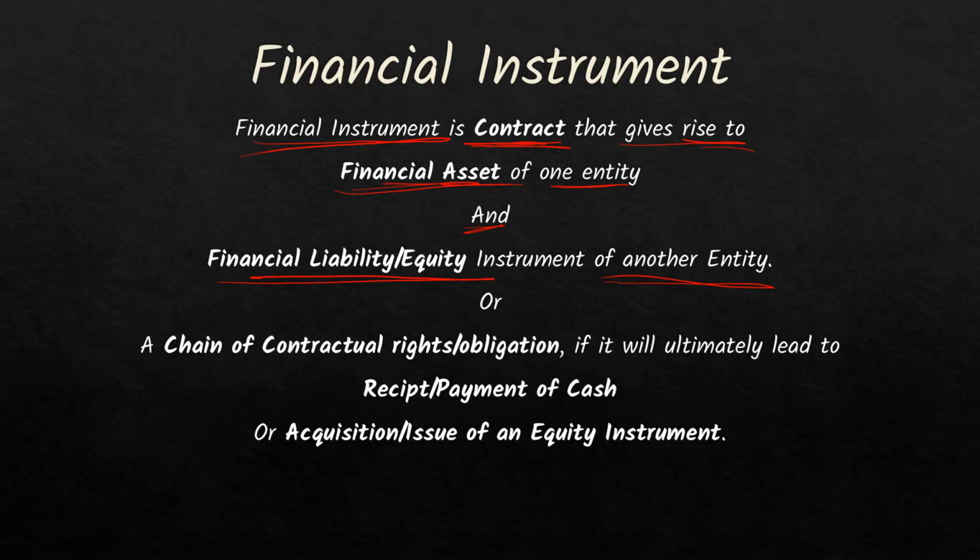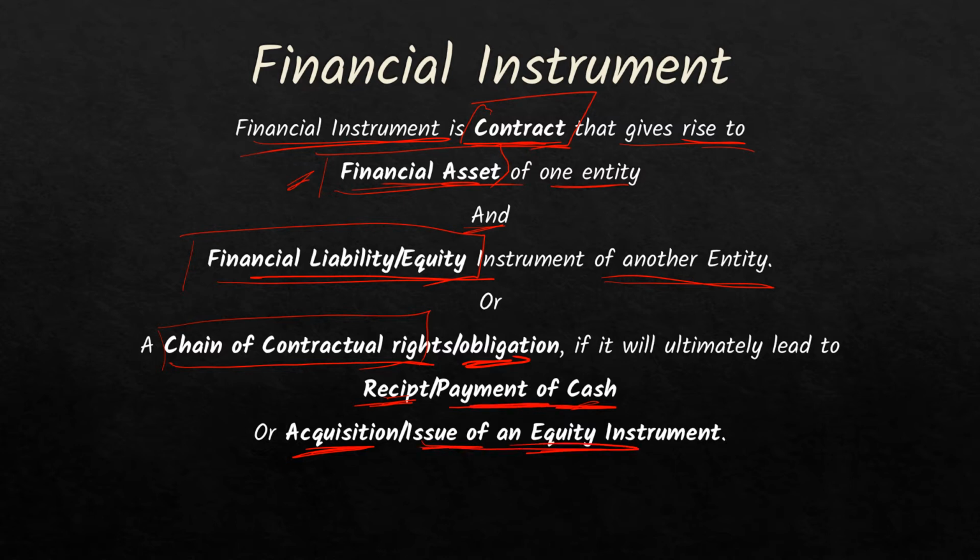So it is a contract, and as a result of that contract, one is showing a financial asset, another is showing a financial liability, or one has a certain contractual right, which results in receipt of cash or acquisition of equity, or one has some obligation which results in payment of cash or issue of equity.